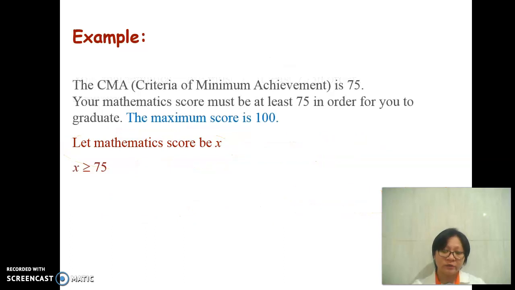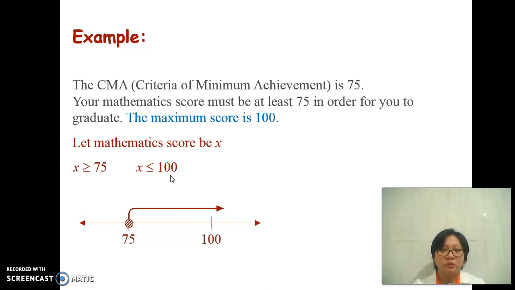If I put another restriction, for example, the maximum score is 100, and I'm using a mathematical sentence to represent the inequality, it will be X is less than or equal to 100. And then I'm using the number line to represent the second inequality or the second restriction here. Take a look at the right side of the inequality sign, 100. Start from 100.